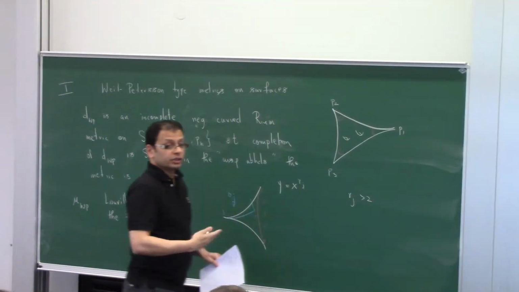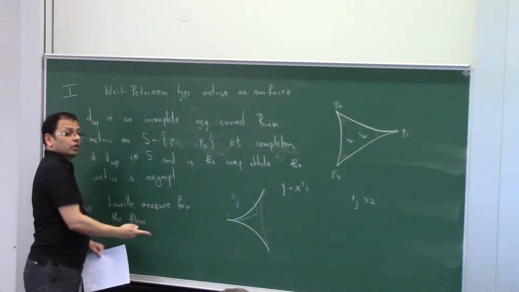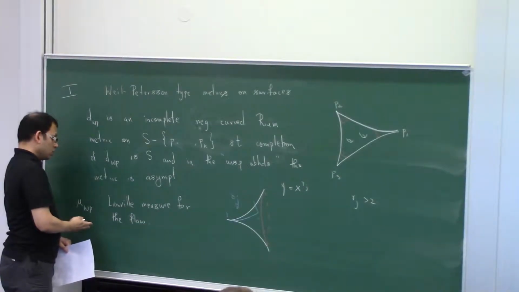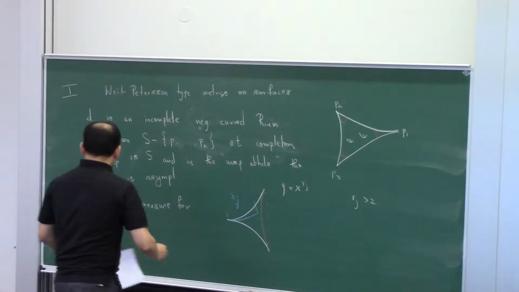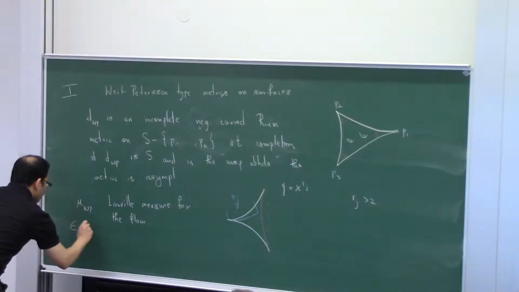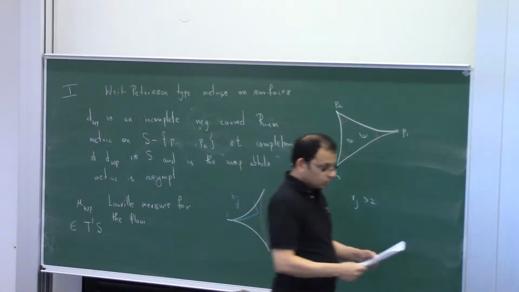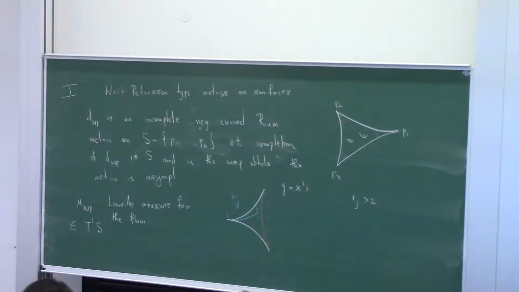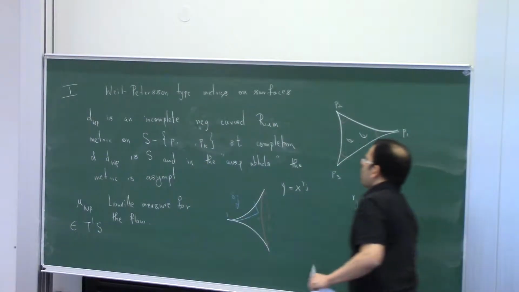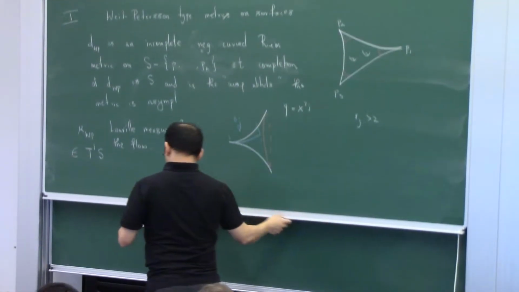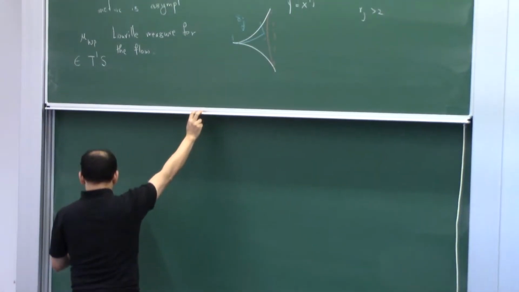So on a full measure set, you can keep going forever. That gives you a flow on the surface. So this measure, you should think of it as a measure on the unit tangent bundle of S.